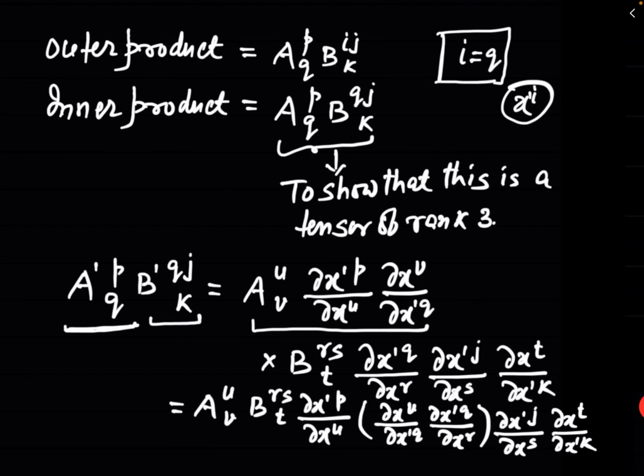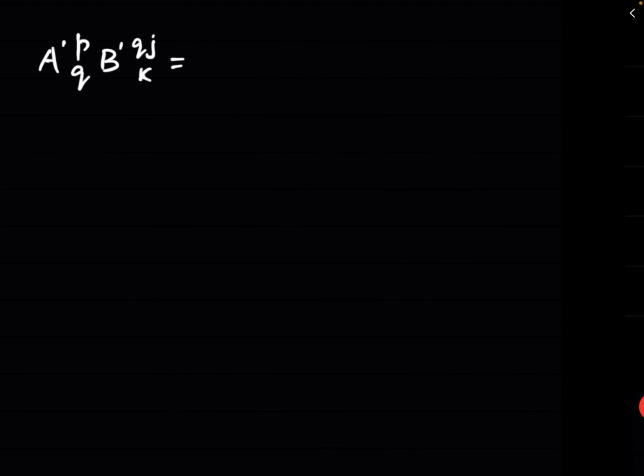So just repeat the term here. So you can say A prime PQ times B prime QJK is equal to, see the equation, this much.